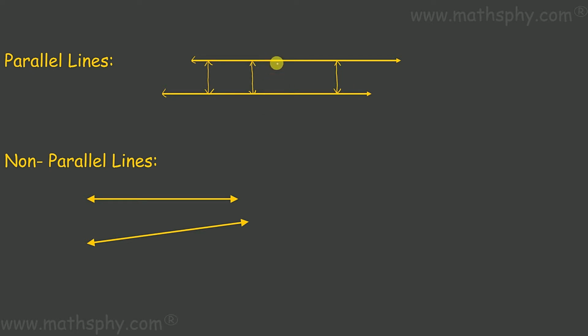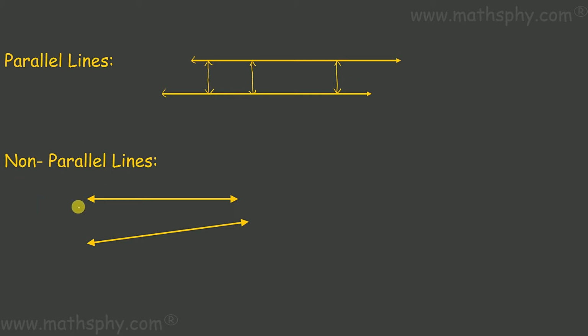So in case of two lines or more than two lines, if the distance between them at 2 points or more than 2 points remains same, those lines will be called parallel lines. It means they can extend infinitely into both the directions, but they will never intersect because the distance is always same.